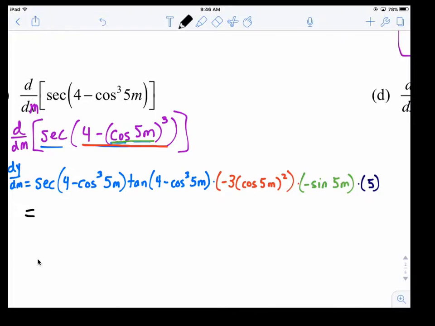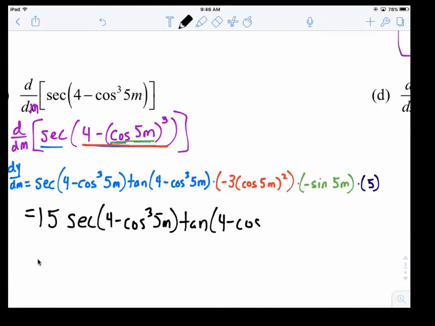All right, so what do we have? We got negative 3 times negative 1 times 5. That's going to give me positive 15, times secant of (4 minus cosine cubed of 5m), tangent of (4 minus cosine cubed of 5m).